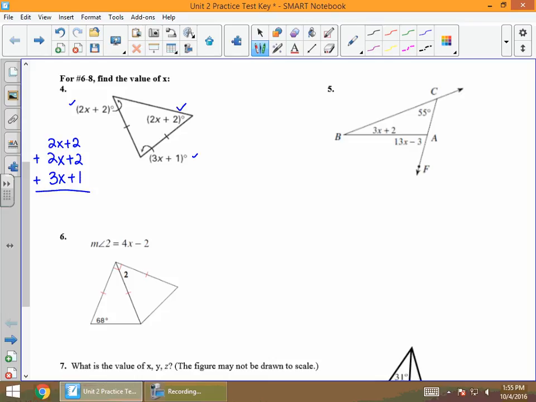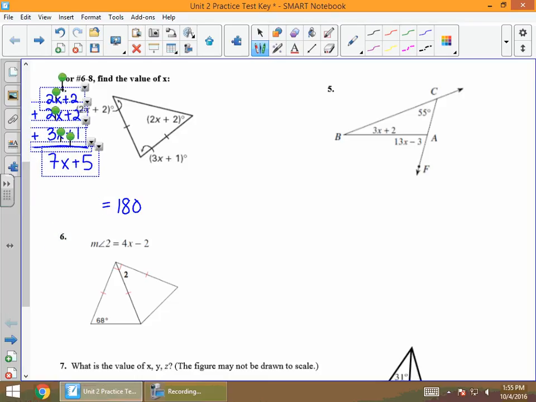I'm going to add those 3 angles up. So 2x, 2x, and 3x, that's 4 and 3 is 7x. 2 and 2 and 1 is 5. So when I add those 3 angles up, they add up to 7x plus 5. And I know that 7x plus 5 has to equal 180 degrees. So if I have to find x, I set 7x plus 5 equal to 180.